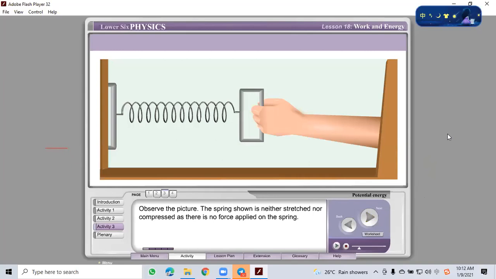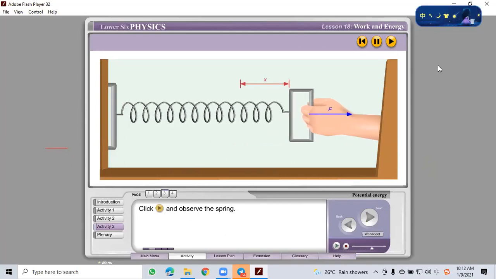Observe the picture. The spring shown is neither stretched nor compressed, as there is no force applied on the spring. Click the play button and observe the spring. A person stretches the spring by applying a force.